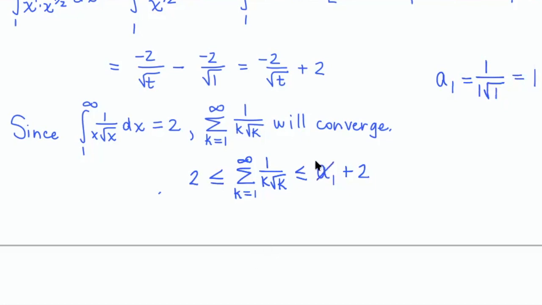So I now substitute 1 where the a sub 1 is, and I know that my series is going to converge to some number between 2 and 3, again, possibly being equal to 2 and possibly being equal to 3. So the integral test not only confirms the convergence or divergence, but if it does converge, will give you an idea of what the value that the series converges to will be.